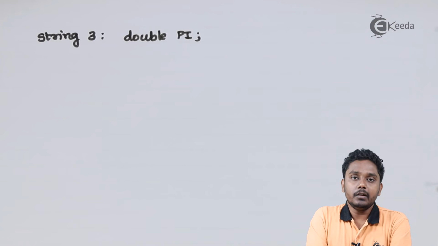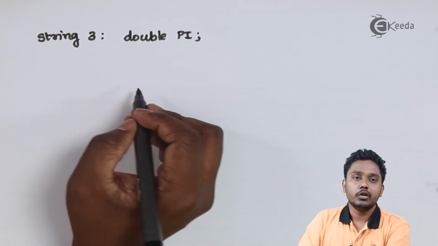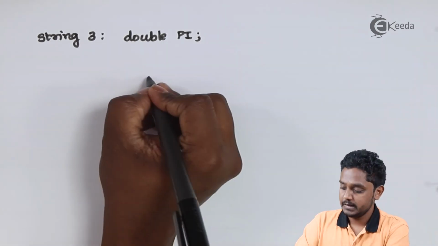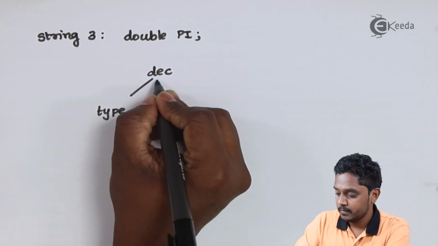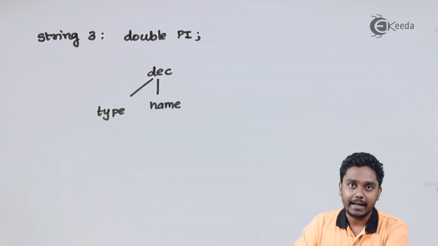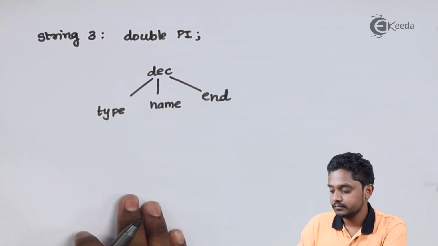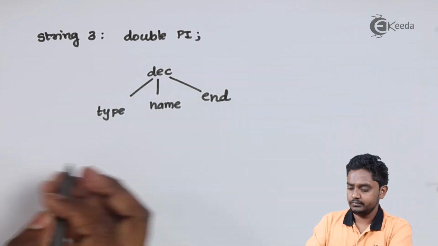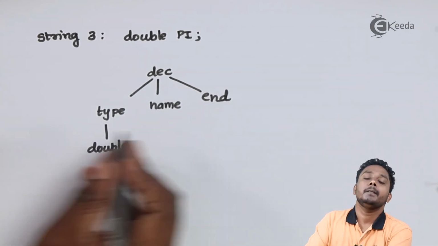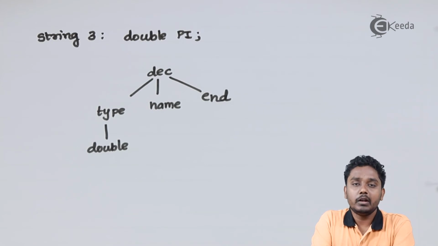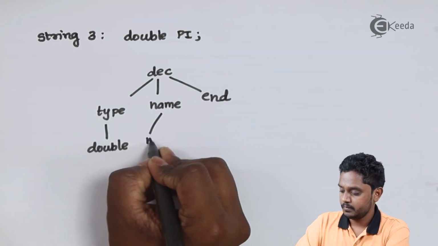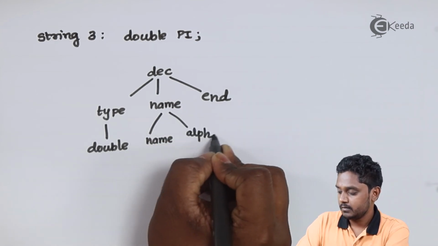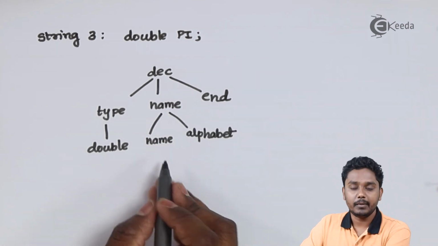The string was double pi semicolon. The root of the tree would again be DEC, which will have type, name, and end. Over here, the type required is double. The name contains two alphabets, hence we will use the alphabet rule of the production. Name followed by alphabet.